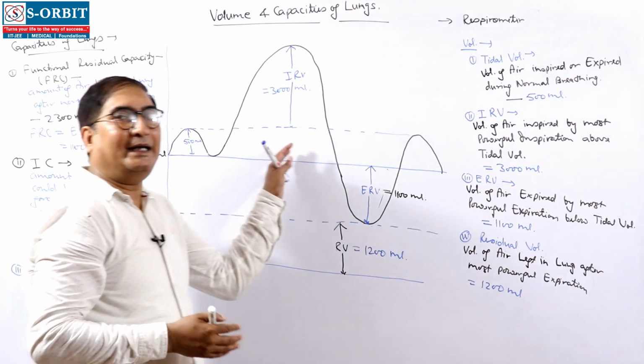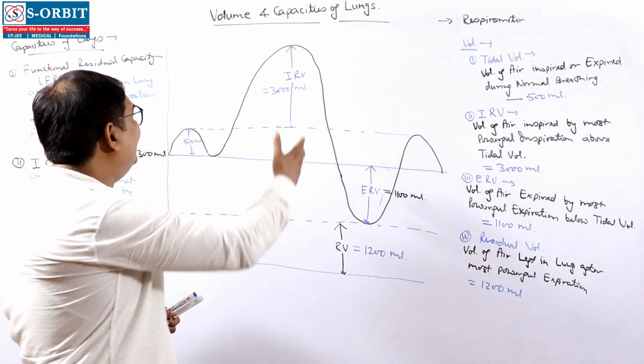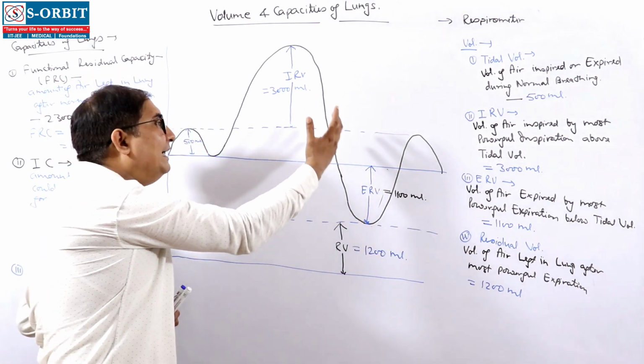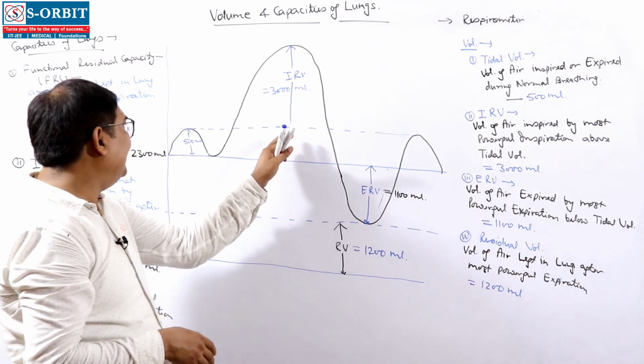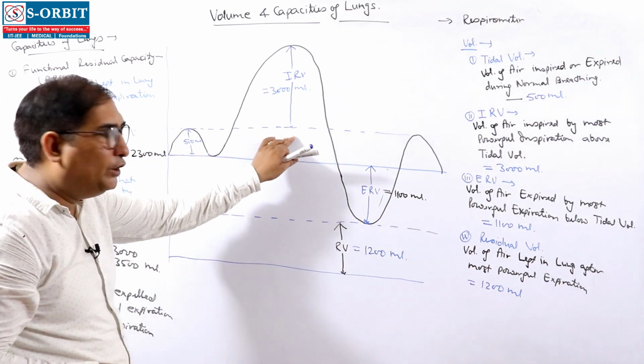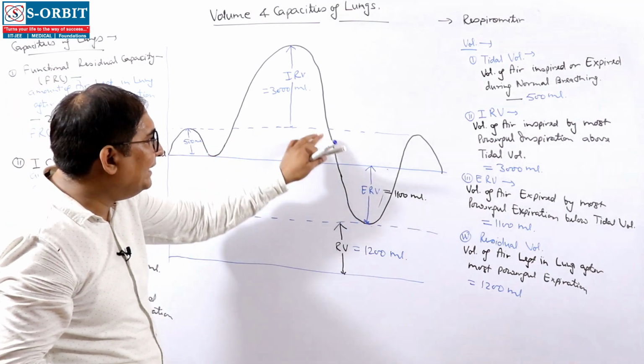So it is the expiratory capacity. And what the expiratory capacity exactly is? The expiratory capacity is the tidal volume plus the expiratory reserve volume.